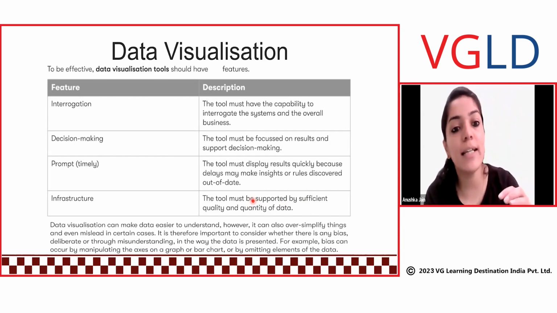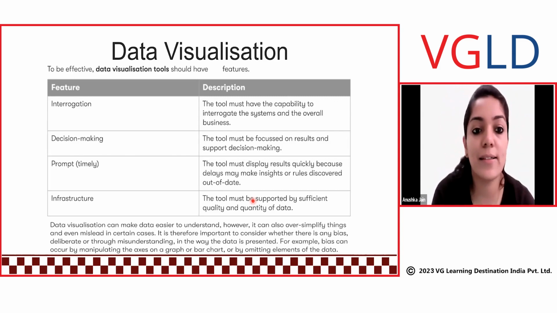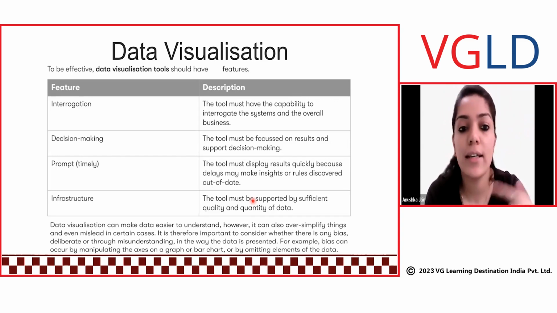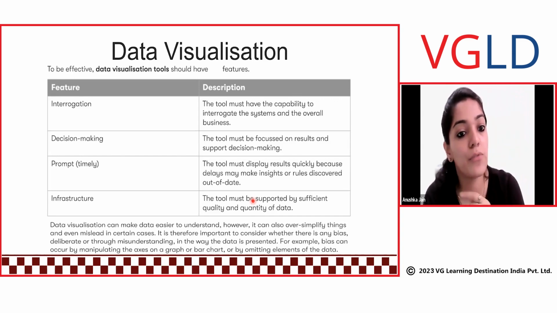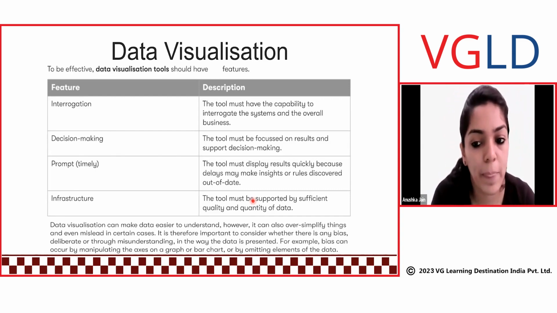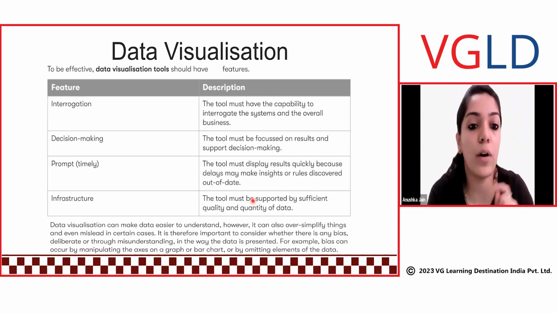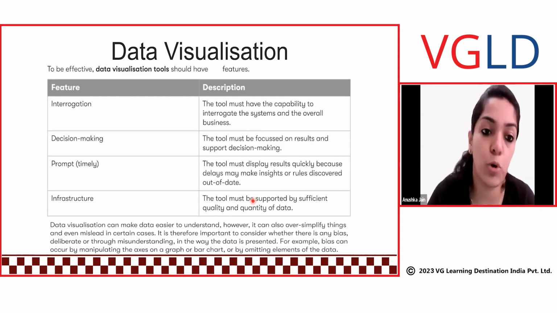So if you are putting garbage inside the system, however high the quality of data visualization tools you may have, the report which it will give out is also going to be garbage. So if your input is faulty, your output will definitely be faulty. That is what it says, that the tool must be supported by quality and quantity of data, so that it gives out the right reports.